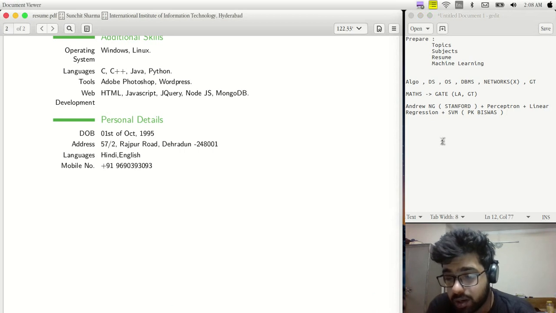If you're using an SVM, like most of the resumes mention SVM, they'll ask you why did you use SVM, why did you not use a basic perceptron or a linear regression model.